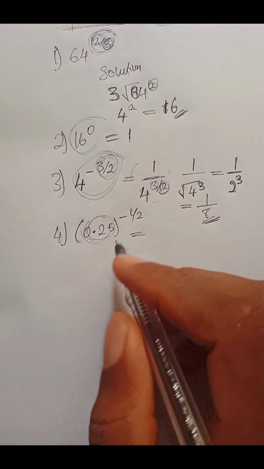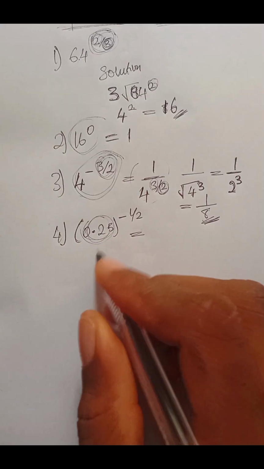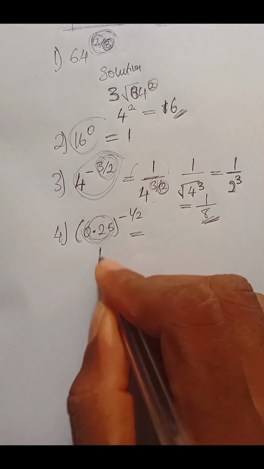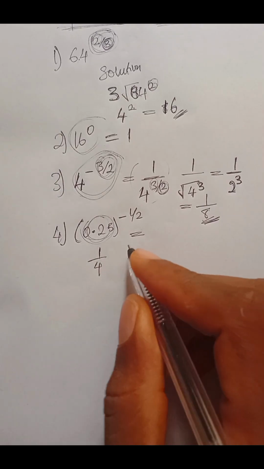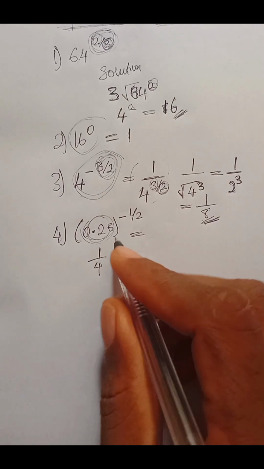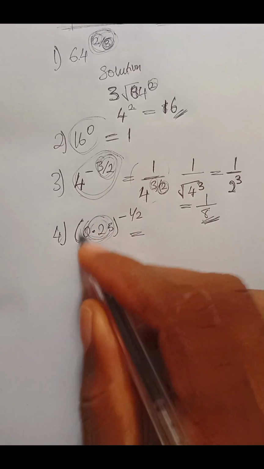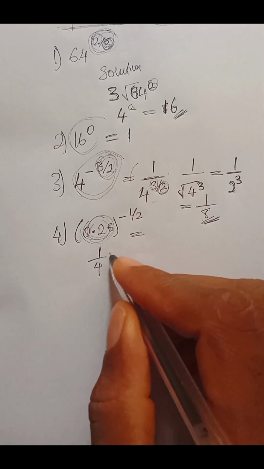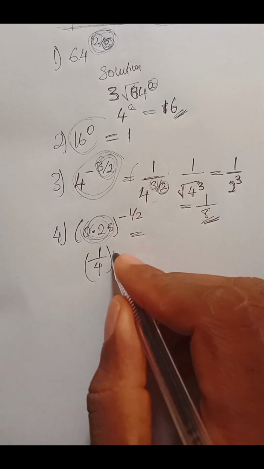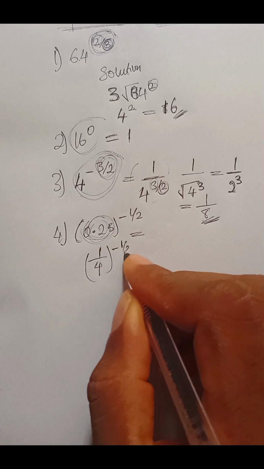So 0.25, when we express it as a fraction, will give us 1 over 4. So we have 1 over 4 raised to the power of minus 1 over 2.